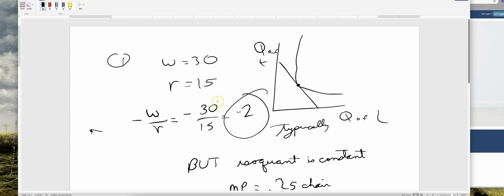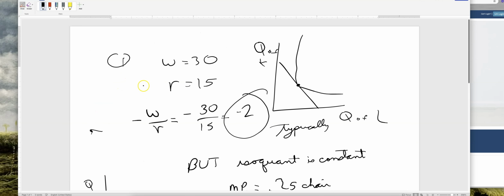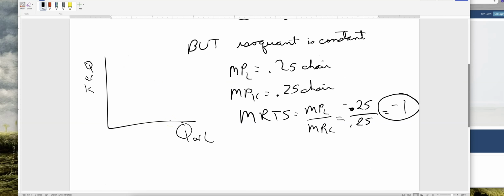We've got -2 as the slope of my isocost, -1 as the slope of my isoquant, which then means for us here that even though the typical picture is right here, the one you're familiar with, instead what we've got here is an isocost that looks like this.